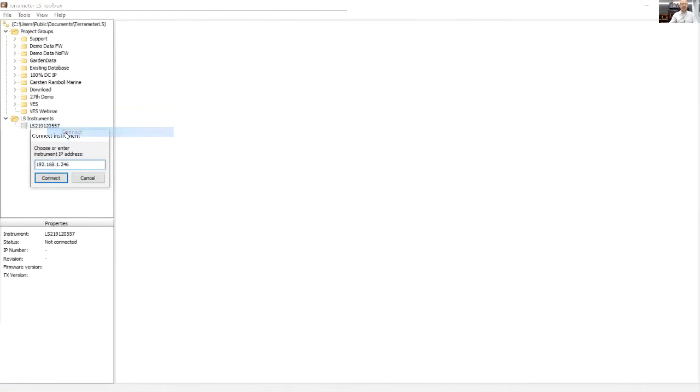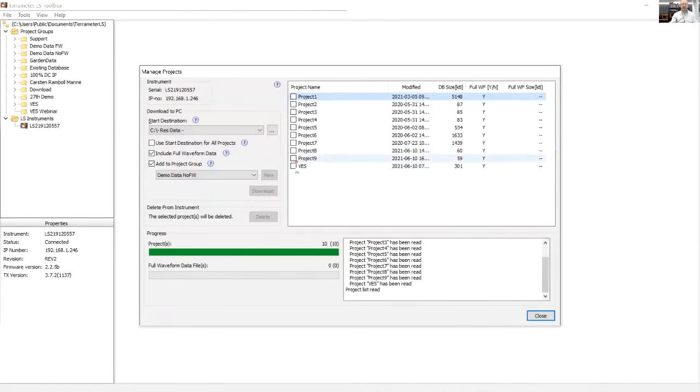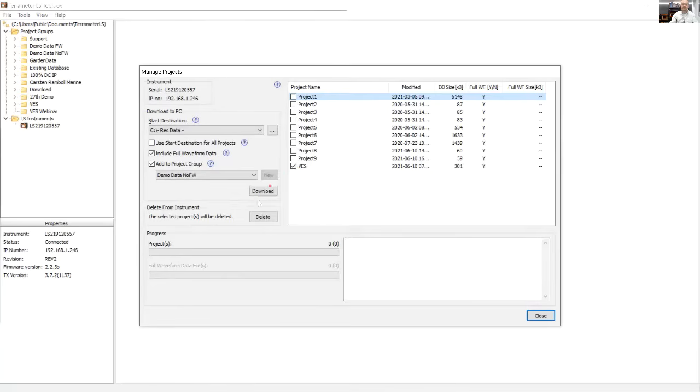Again, connect to the instrument via the Wi-Fi. Manage project. I'm just going to download the data in that VES folder.